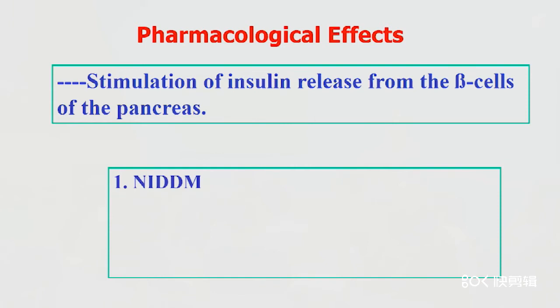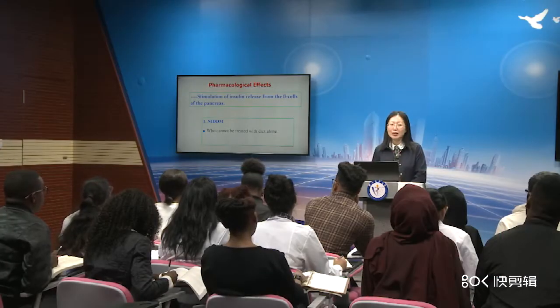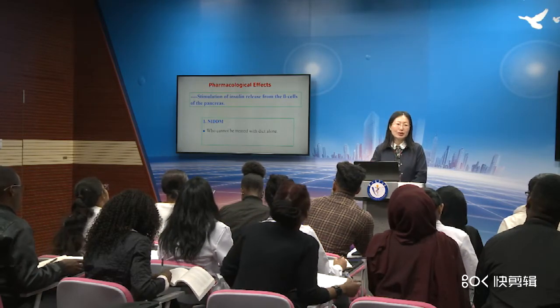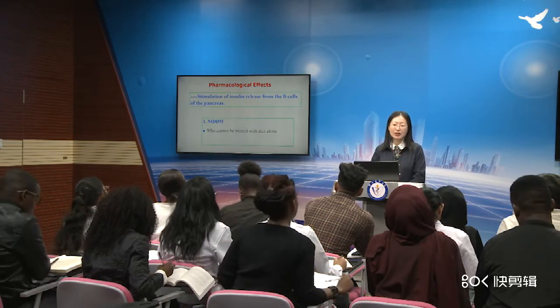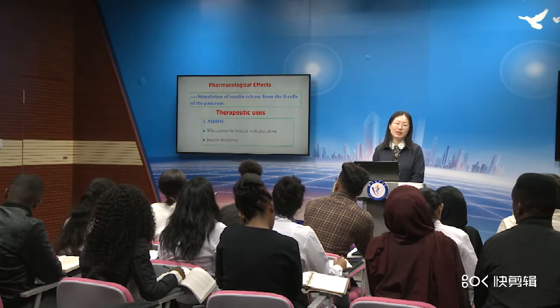And just now we explained the clinical use of insulin. So what kind of patients do we suggest use sulfonylureas? NIDDM patients who cannot be treated with diet alone, controlling appetite and doing exercise, but still cannot reduce blood sugar. Then we suggest they use glimepiride, a sulfonylurea, and it is also used to treat insulin resistance.